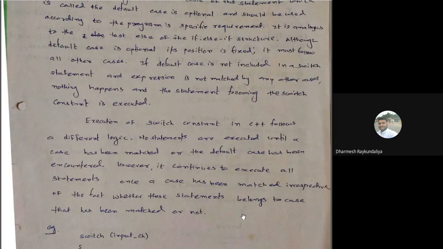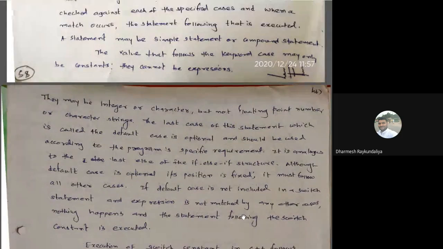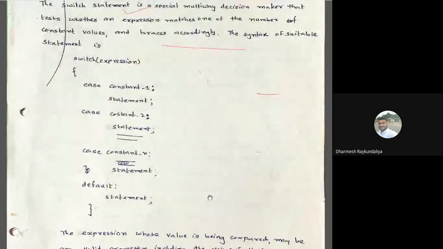So here, suppose your expression is matched with constant 2, then what happens? It will execute the statements after constant 2, constant 3, constant 4 up to constant n. That means it will execute all these statements.